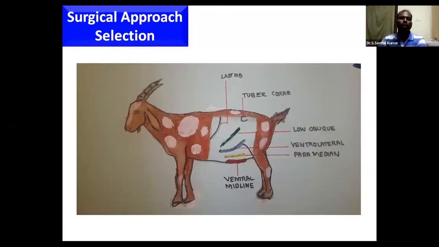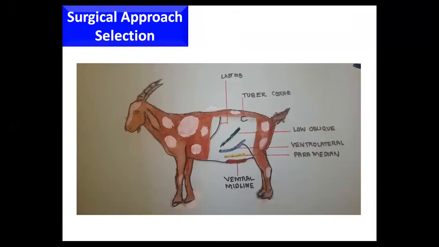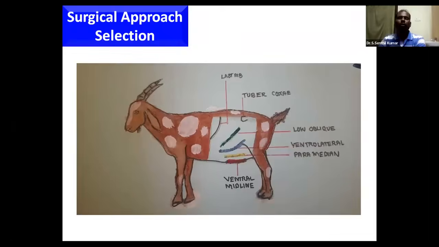In large animals, especially upper flank laparotomy, we go for muscle separation in 3 layers, whereas that is not possible, especially in goats with distended abdomen, especially in pregnant animals. So care should be taken while incising the muscle layer, to avoid incision on the underlying visceral organ. That is the only precaution.